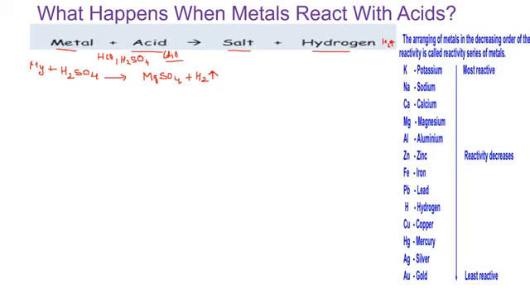And the next is, let's take aluminium, Al, plus H2SO4. This will make Al2(SO4)3 plus hydrogen gas is liberated. Now coming to the next one, let's take zinc.